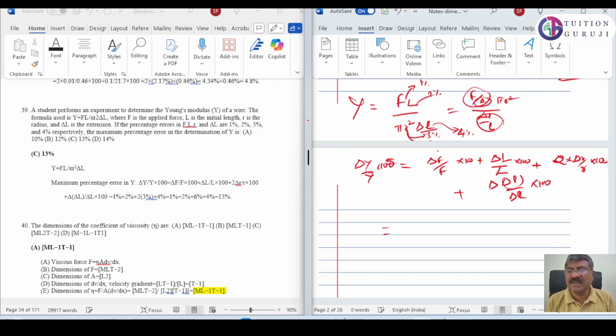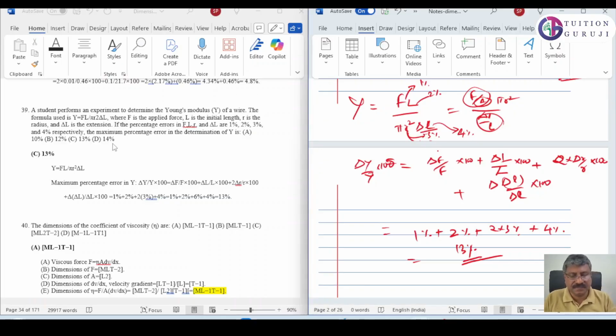So what you will get? You will get 1% plus 2% plus 2 into 3% plus 4%. So the answer is 13%.